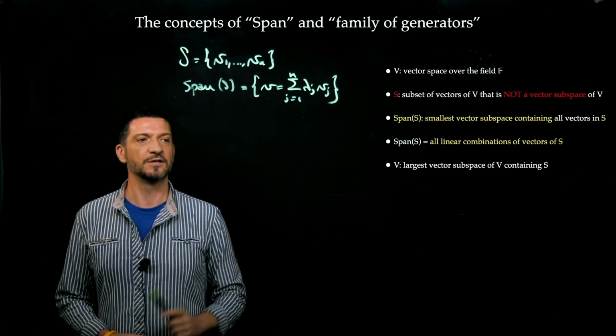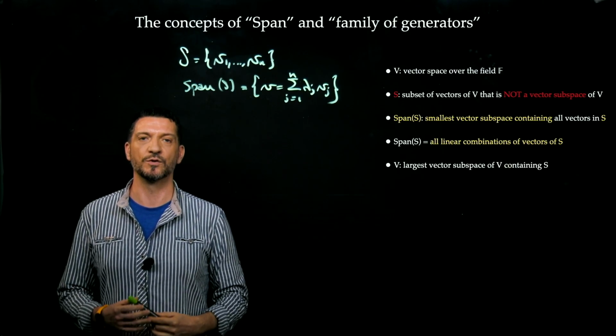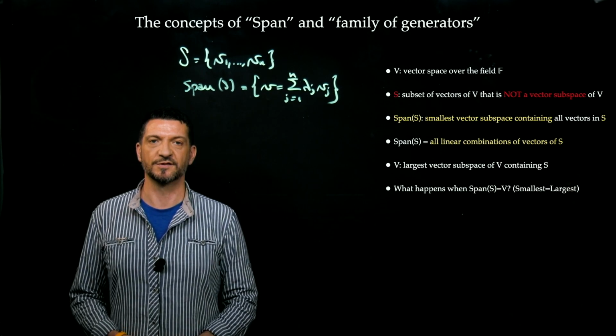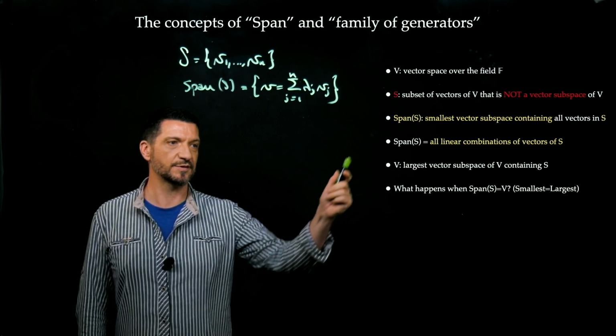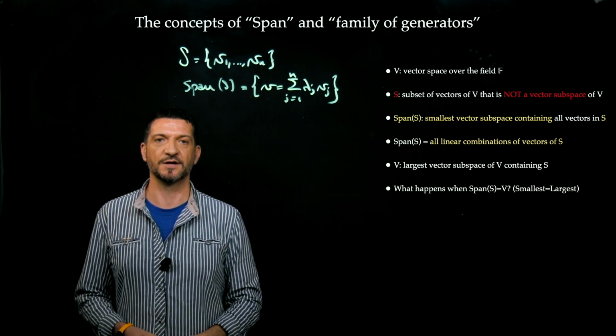On the other side, it is clear that V is the largest vector subspace of itself which contains S. Hence, it is a very interesting situation in which the smallest meets the largest. That is, what happens when the span of S is equal to V itself.